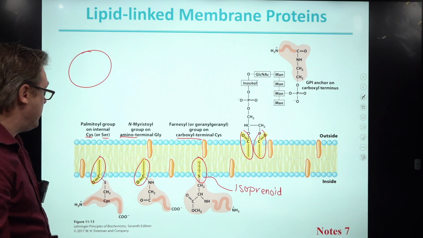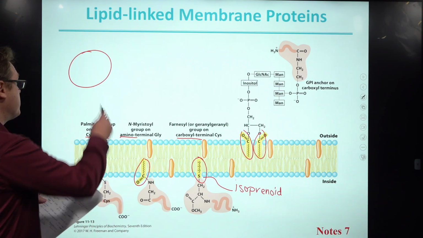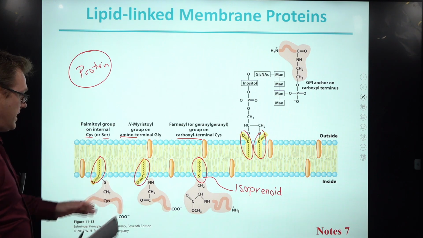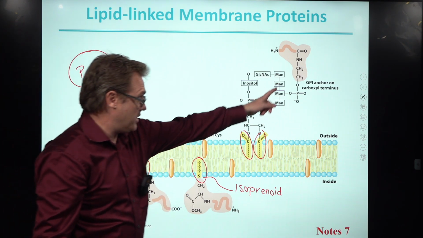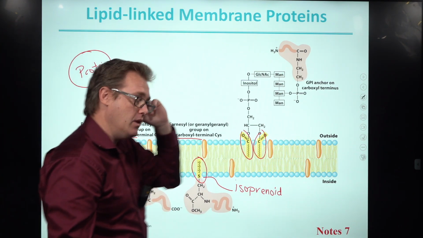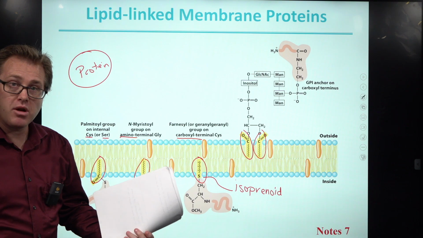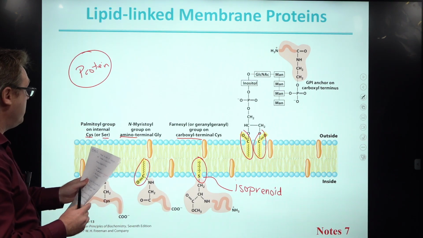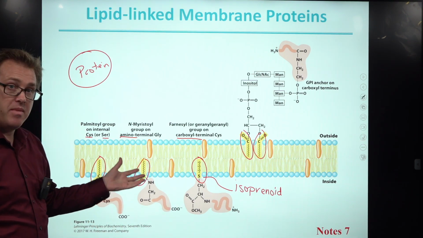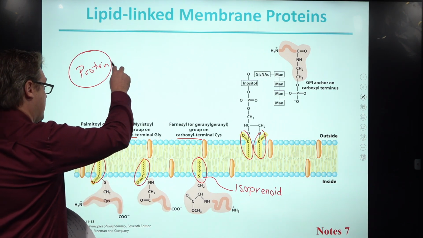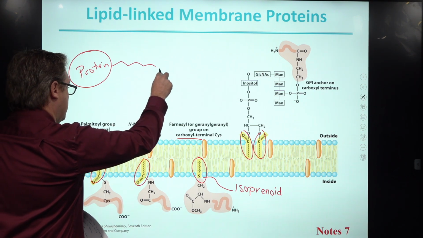And so what happens is that this ball or this protein right here is representing these peach blobs right here. And what's going to happen is we have this protein and we want it to associate with the membrane. So the way that that's done is we attach some kind of fatty acid to it.